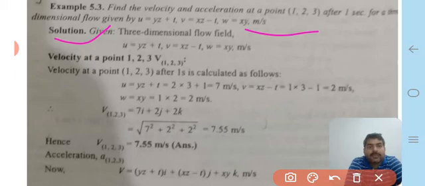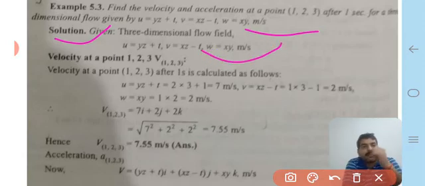Therefore, the three velocity components in the direction of x, y and z are u, v and w in the three-dimensional coordinate system respectively: u is equal to yz plus t, v is equal to xz minus t, and w is equal to xy, in meter per second, which is the unit of the velocity components.